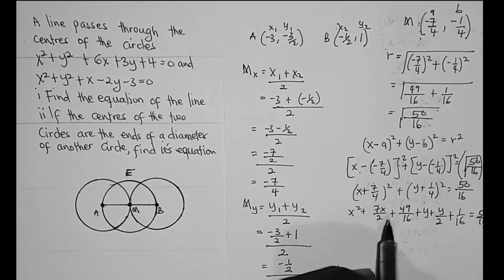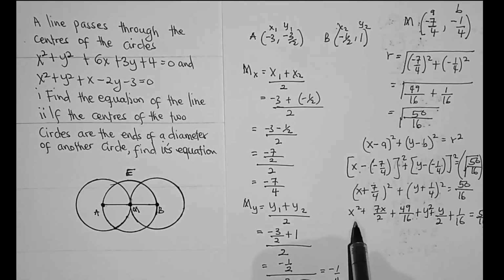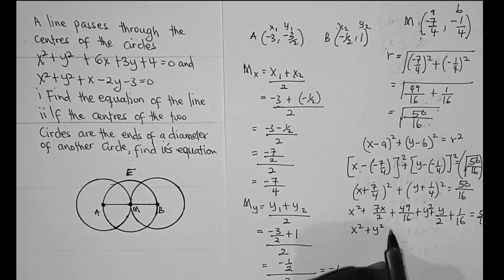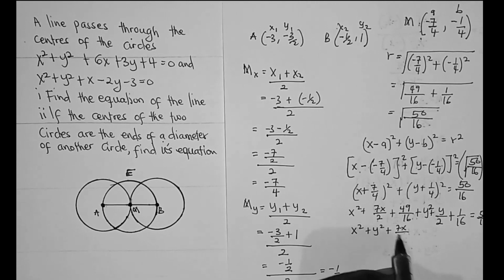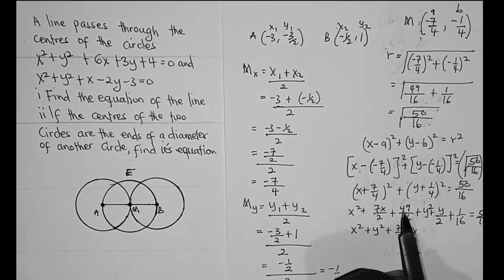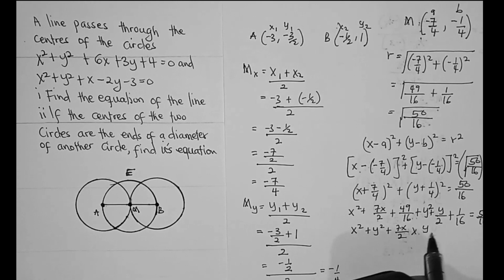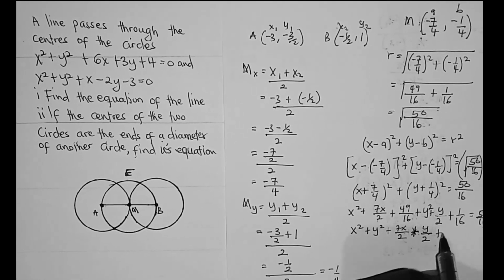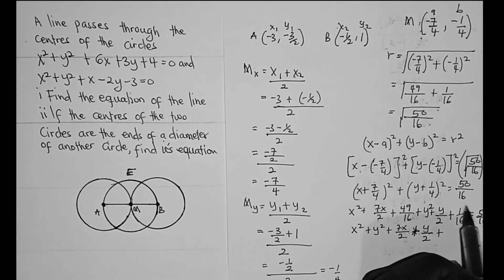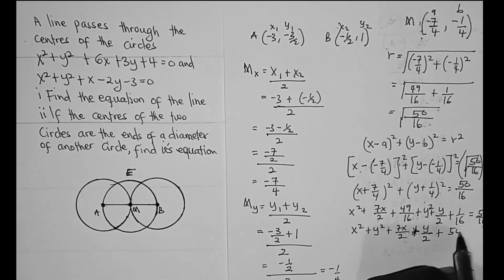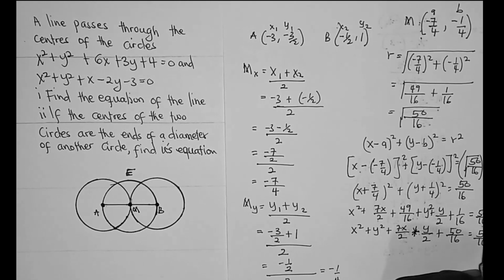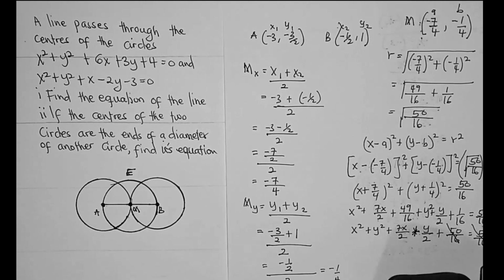So here we now have x squared plus y squared, then plus 7x over 2, and plus y over 2, and plus 49 over 16 plus 1 over 16 becomes 50 over 16, equals 50 over 16. So this 50 over 16 and this 50 over 16 will cancel out.